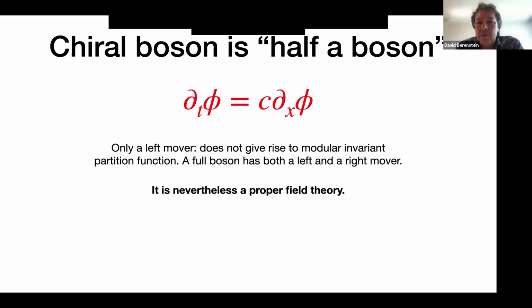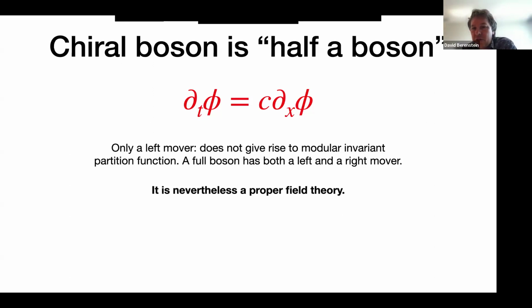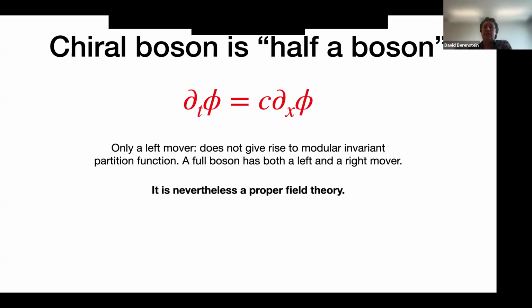So the modes that satisfy the first-order differential equation are only half of the degrees of freedom of a full boson in 1+1 dimensions. It's only a left mover, so some people don't like this theory because it does not give a modular invariant partition function. However, it's a proper field theory in that, for example, in the quantum Hall effect, the edge dynamics at the boundary of a quantum Hall sample satisfy the first-order equation.